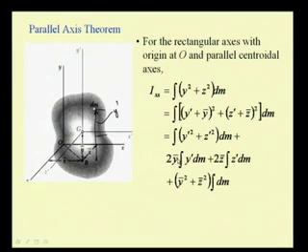Since these two quantities, y bar and z bar, are constant, we take them out of the integration. Then we have the last two terms, y bar square and z bar square, and since both are constant, we take them out of the integration and write plus y bar square plus z bar square integral dm.